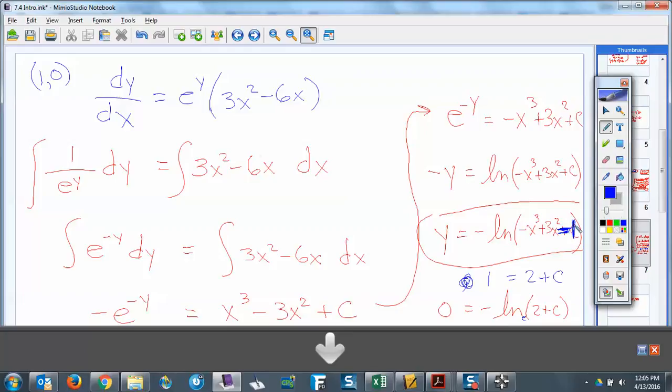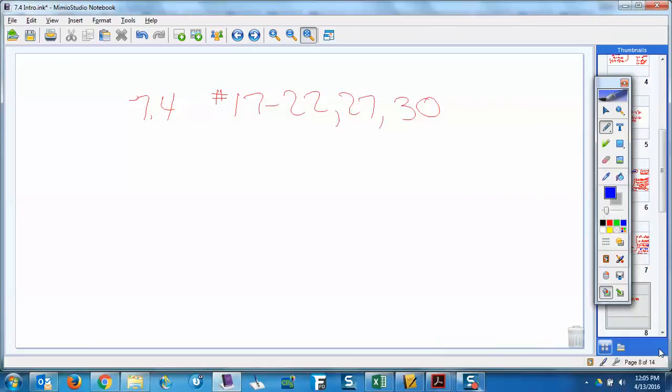Be responsible on the quiz next week for a couple of those kinds of situations. All right, let's start working on some here. This is section 7.4, page 440 something, 450, somewhere in there. There are a number of these problems where we have to separate variables. Problems 17 through 22 have an initial condition.